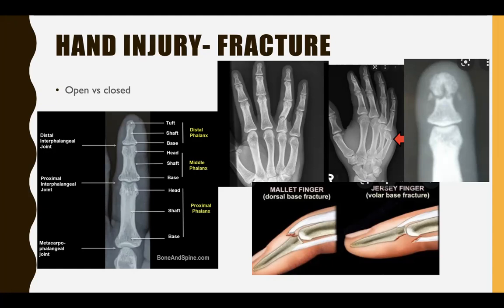So in rugby, if you're grabbing onto someone's shirt and the shirt pulls out forcefully, then you can avulse the base of the distal phalanx on the volar side where the FDP inserts, and that can be yanked off. Jersey fingers always need fixing. Mallet fingers may or may not need fixing, depending on what the situation is.